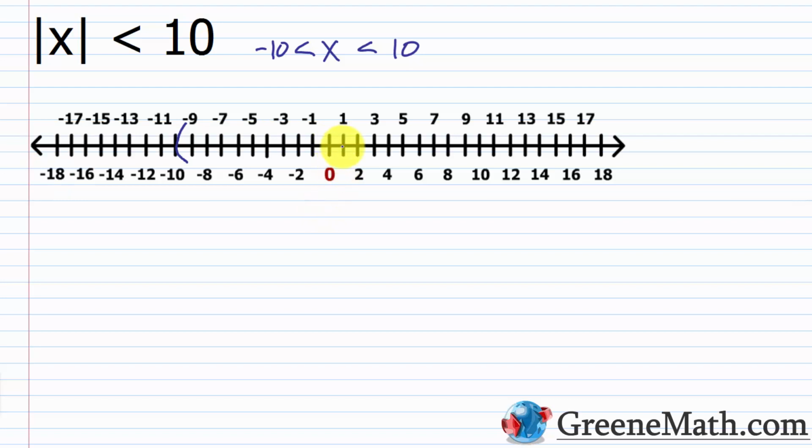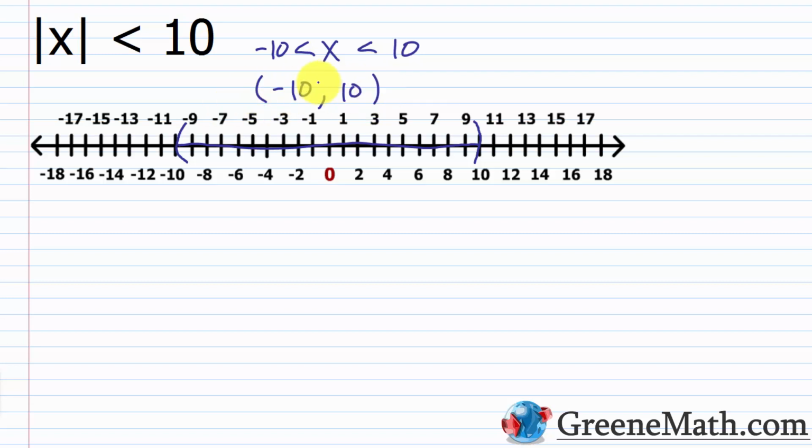So also going this direction, I would stop at 10. I'd put a parenthesis there facing to the left. Again, anything that's 10 or larger won't work because the distance from 0 is 10 or more, and we want less than 10. So then we want all the values in between here. Again, x can be larger than -10 or less than 10. So in interval notation, I would just simply write -10, comma 10 with a parenthesis next to each.